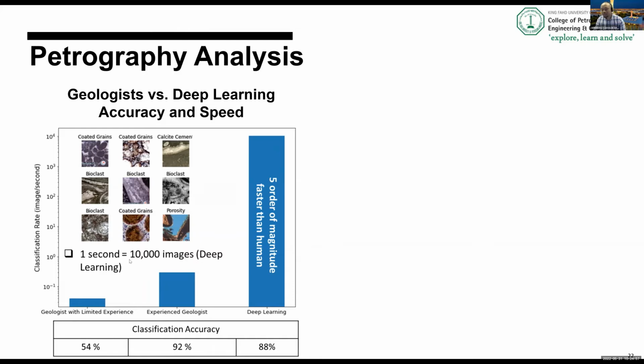It means in 1 second, deep learning can analyze more or less 10,000 images with this very consistent accuracy, right? If I ask you to analyze 10,000 images, maybe it will take you a few months. And again, once you are tired, then you start introducing errors, right? And this is exactly what we want to use machine learning for.